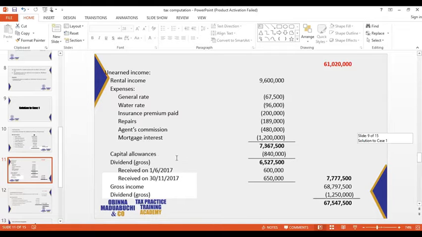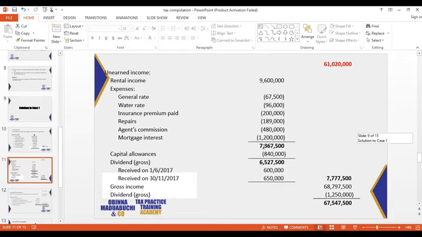The capital allowances are agreed with the tax authority, because if you are under direct assessment, you can claim capital allowances, both at the federal level if you are a limited liability company, and at the state level if you are an enterprise or an individual. Okay, so the capital allowance here is 840,000. It has been agreed with the state internal revenue service.